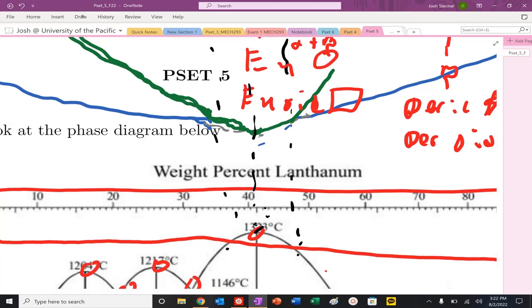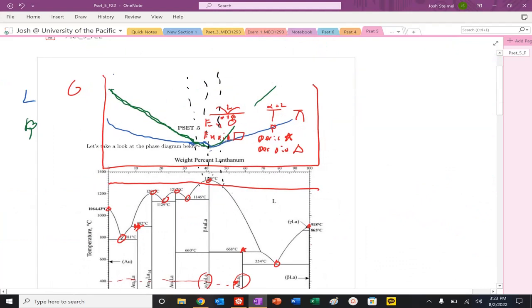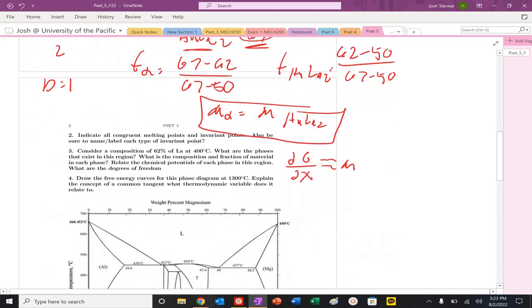Although this is not drawing class, the key thing is getting those common tangents like this, and then I can go right here, touch, and go underneath it like that. But anyways, common slope right there. And that's it. So it makes sense, right? Pure liquid here because I'm below that curve, and then common slope where I'm in these two-phase regions. All right, let's go on to the next problem.